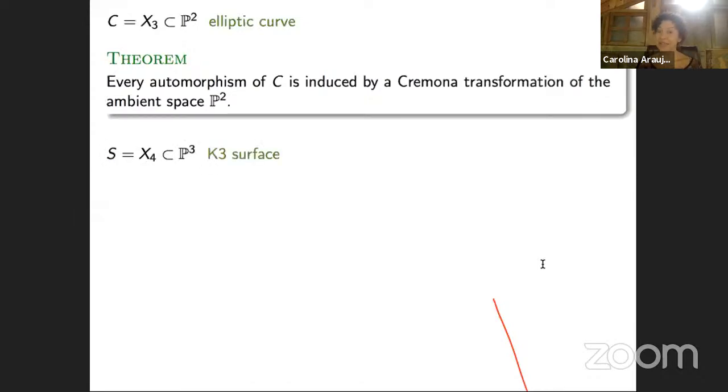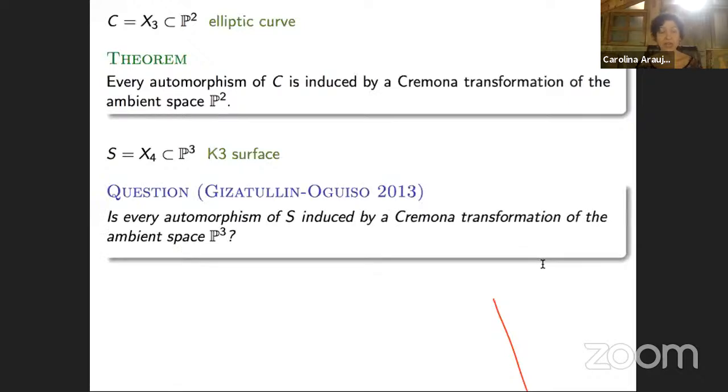And now we can ask the same thing for the K3 surface case. Let me pose this question. This question was originally asked by Gizatullin and first addressed by Oguiso in a paper of 2013. The question is: is every automorphism of S induced by a Cremona transformation of the ambient space P3? Oguiso answered it negatively.